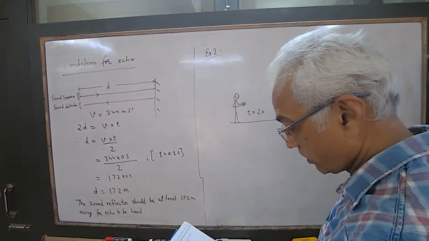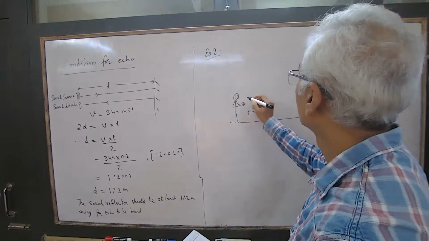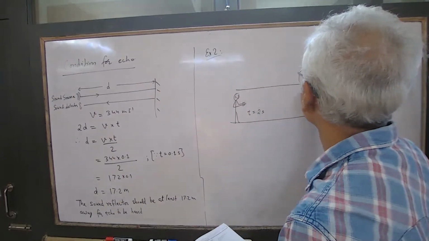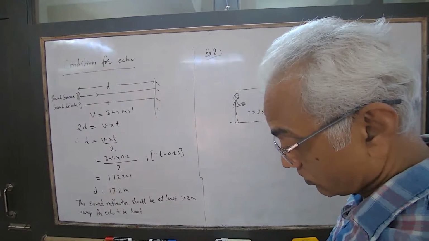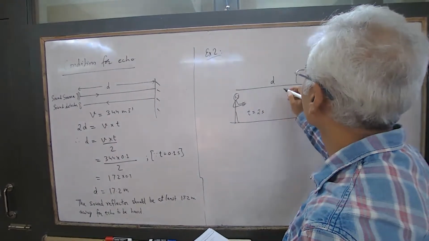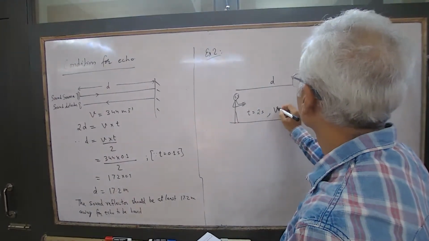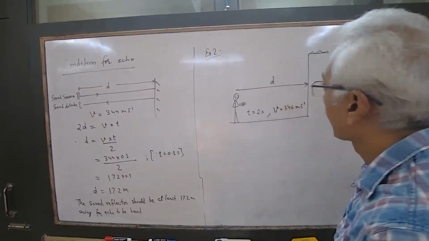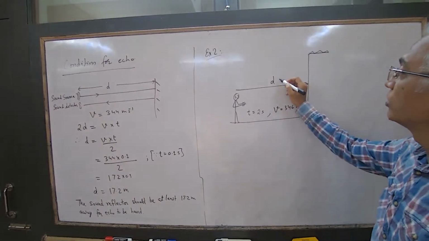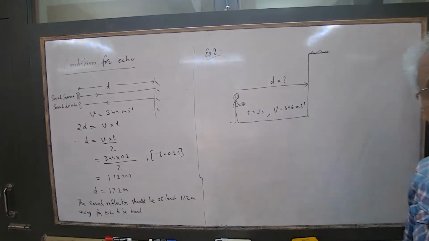What is the distance of the cliff from the person? Let us say this is the distance. If the speed of sound is 346 meter per second, you have to find what is the distance of the cliff.